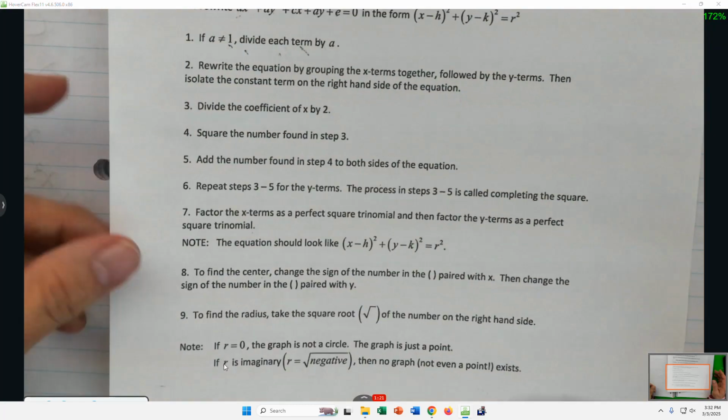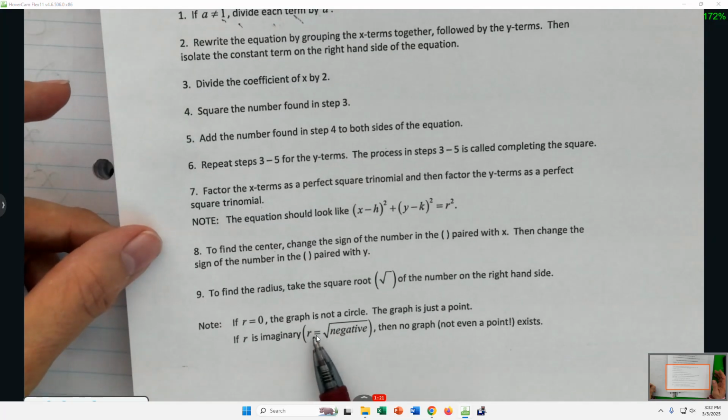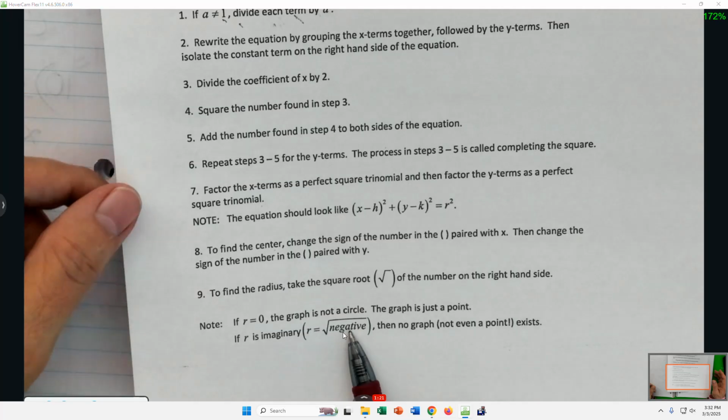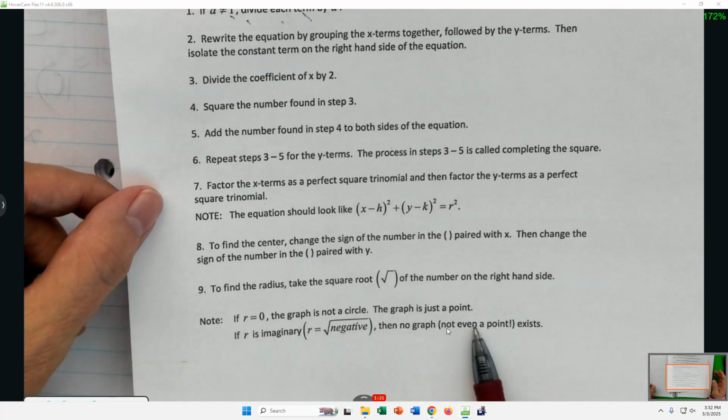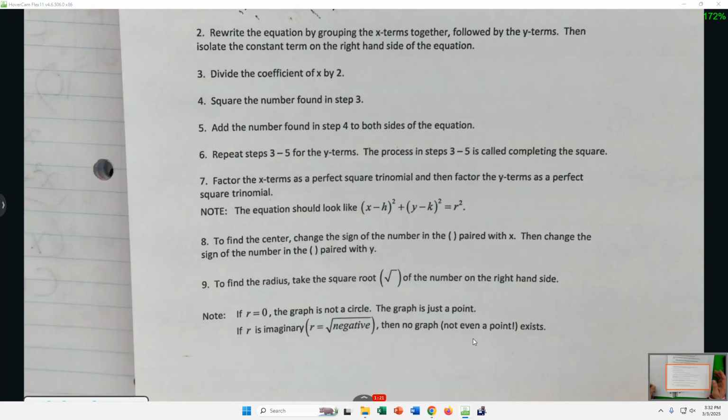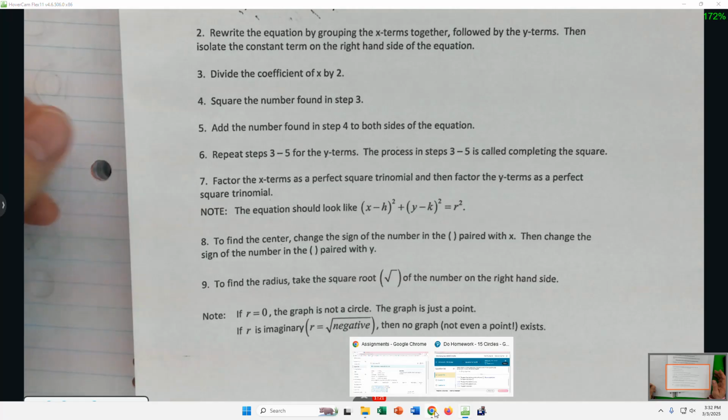If you're trying to take the square root to get the radius and it's the square root of a negative number, that means there's no graph, not even a point. So that would be option D. Whoever wrote that answer, rather than saying the graph doesn't exist or that there is no graph, they wanted to be fancy. The graph is non-existent.